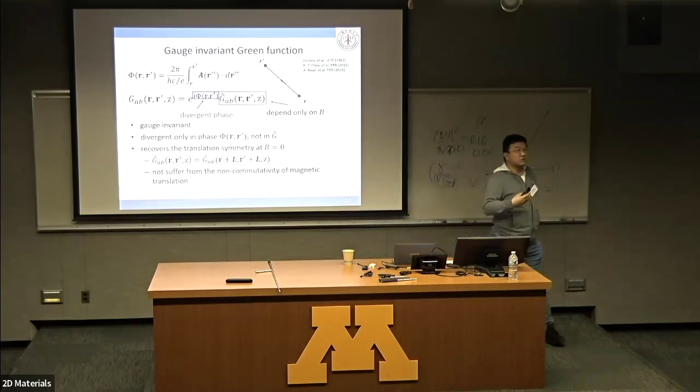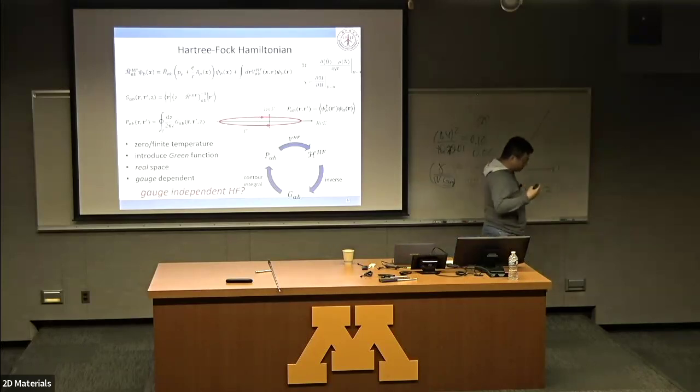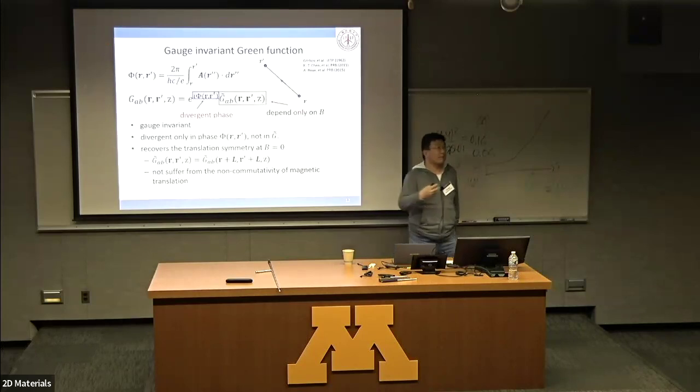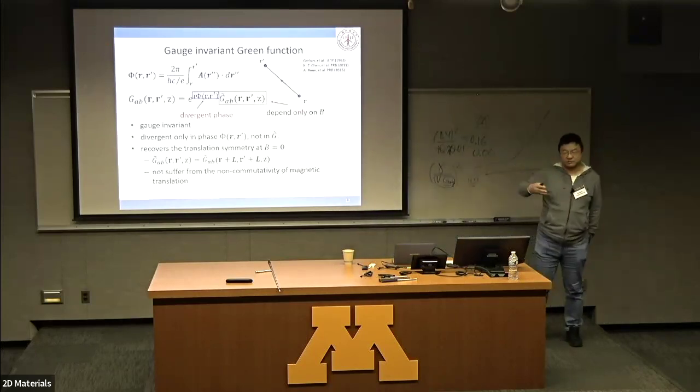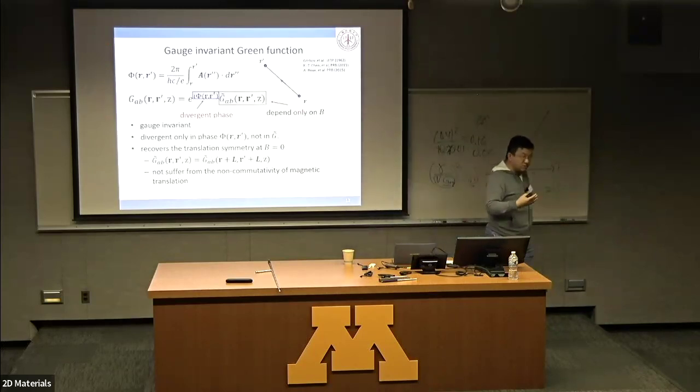Initially, if you look at the definition of the Green function, which is defined as this one, in principle you know that this Green function actually depends on the gauge as long as R and R prime are different, because when you do a gauge transformation, clearly this G changes. However, what you can do is decompose this G, the usual Green function, into two different parts.